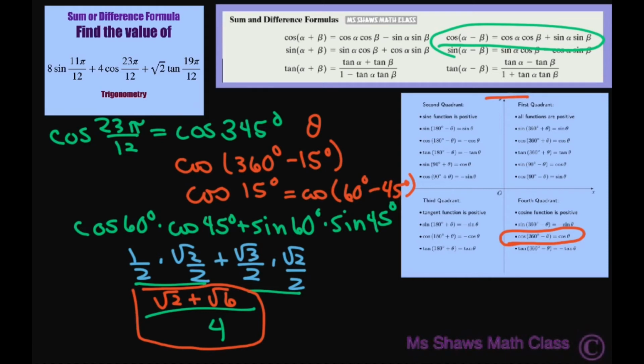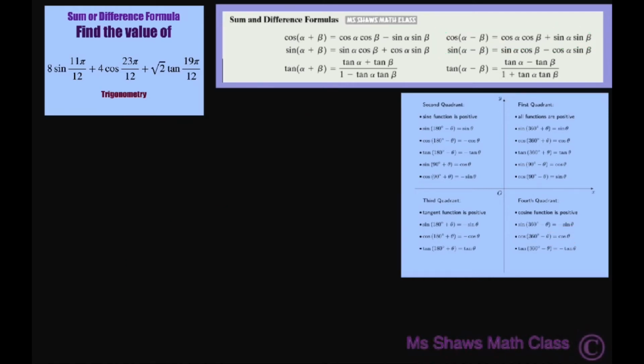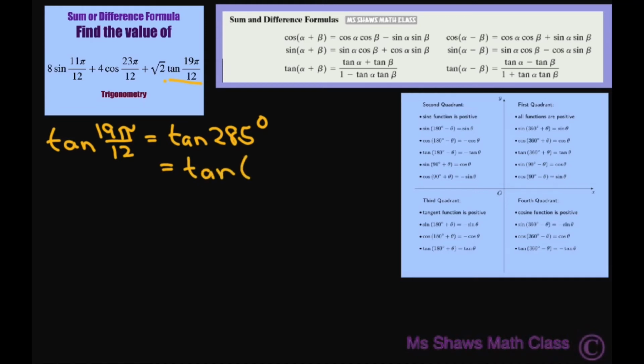Now the last one is tangent, so let's do that one. Excuse me, I have a cold today. All right, so for tangent, we have tangent of 19 pi divided by 12, and that's going to equal tan of 285 degrees. Now using our reference angles, I can write this as tan of 180 degrees plus 105 degrees.